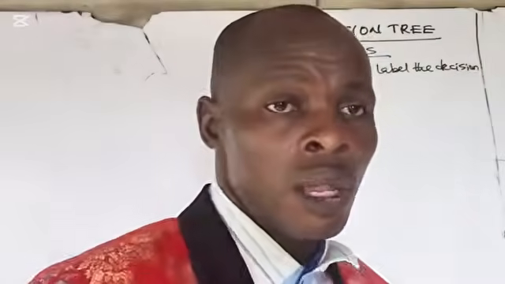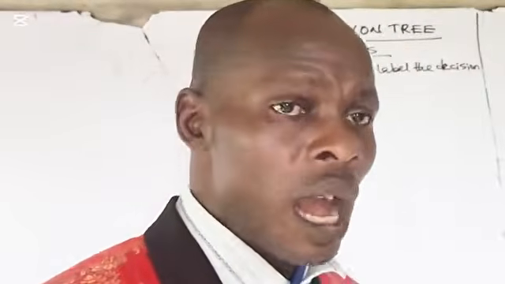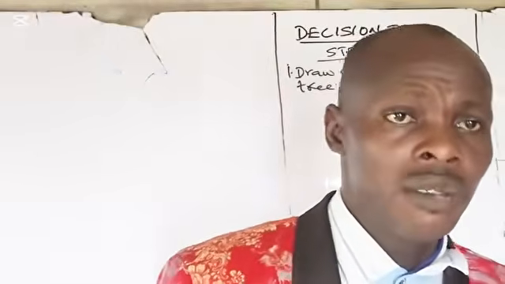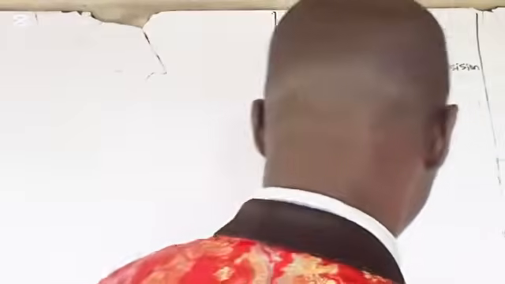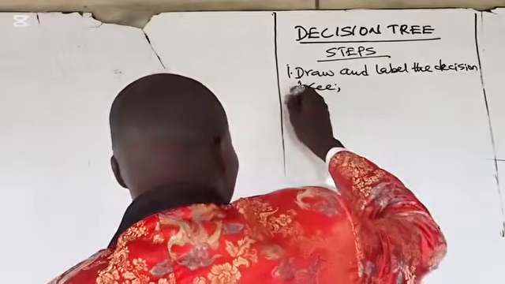Remember, the decision node is used where information about a cash flow is given without probability. And where the cash flows come with probability, then you use the chance node. So draw and label the decision tree.